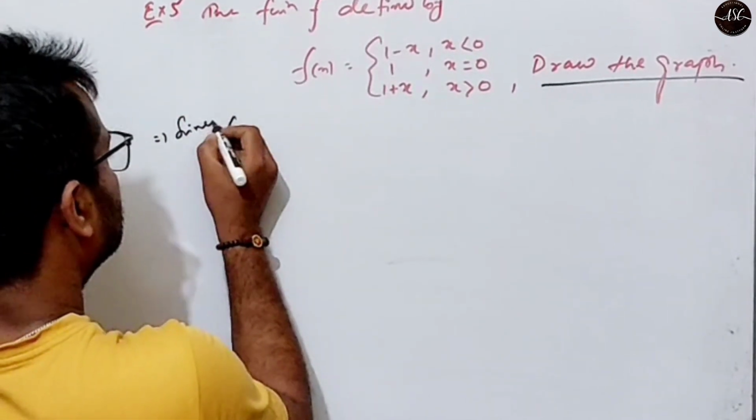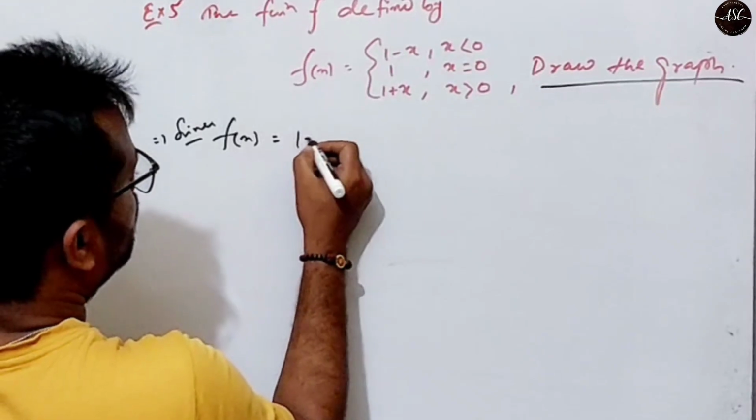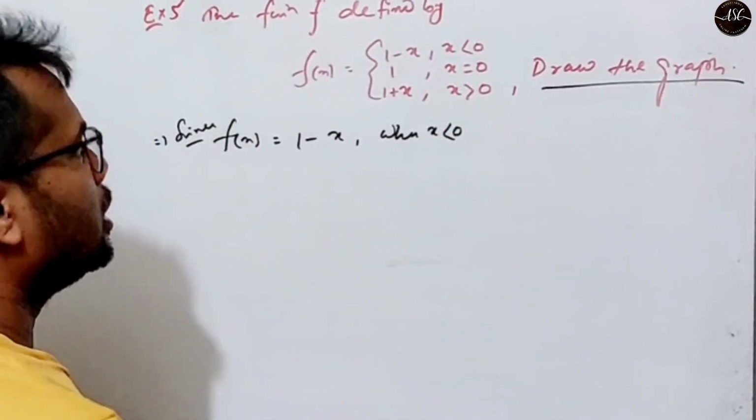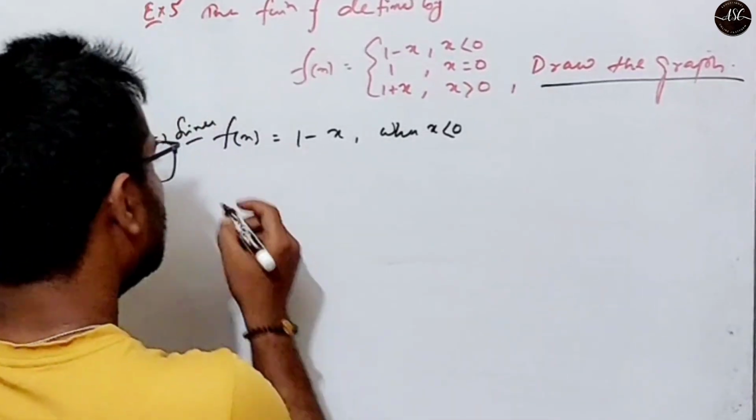since f(x) equal to 1 minus x when x less than 0, now put the value of x less than 0.